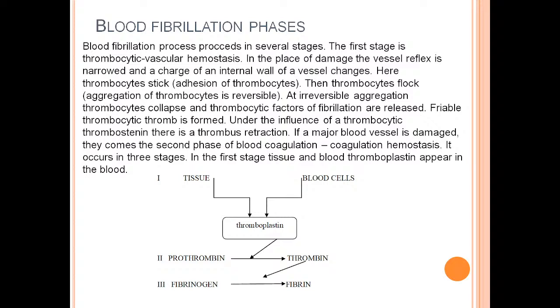If a major blood vessel is damaged, there comes the second phase of blood coagulation, coagulation hemostasis. It occurs in 3 stages. In the first stage, tissue and blood thromboplastin appear in the blood.